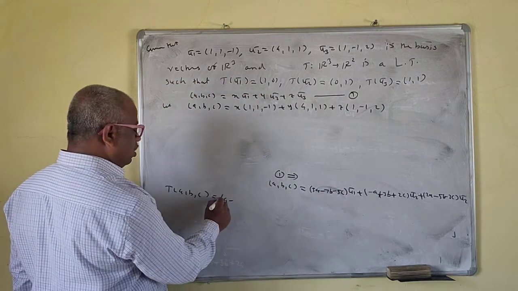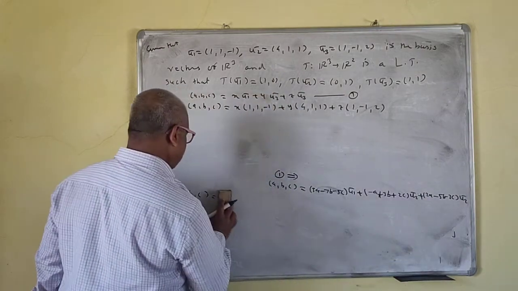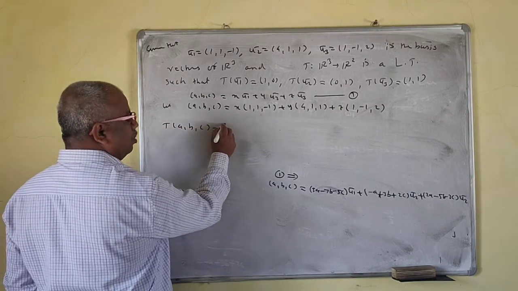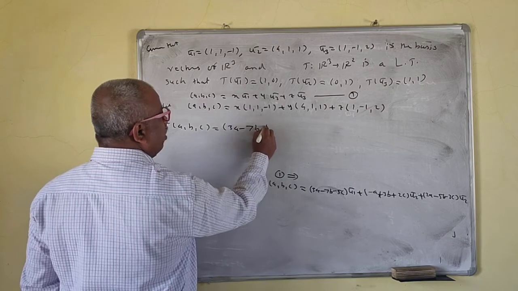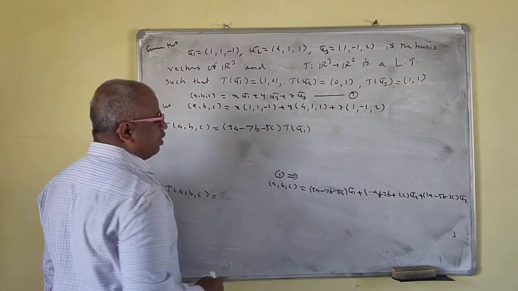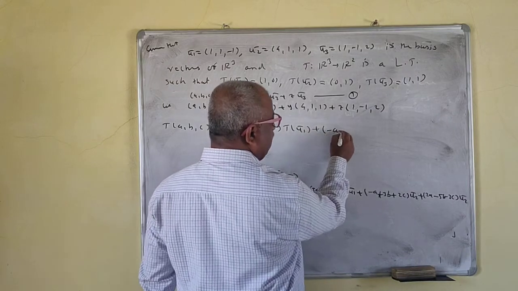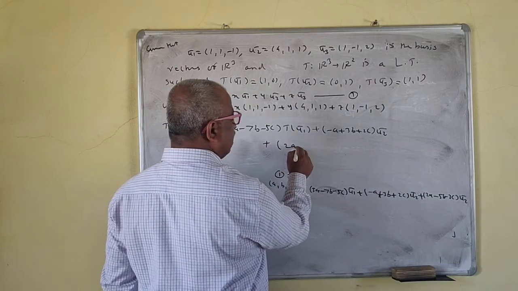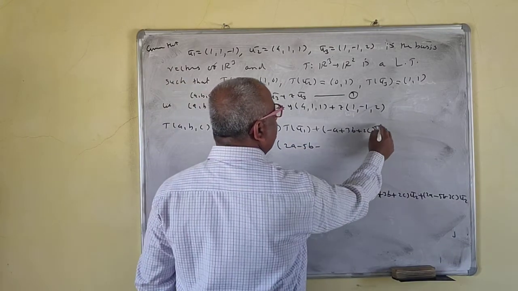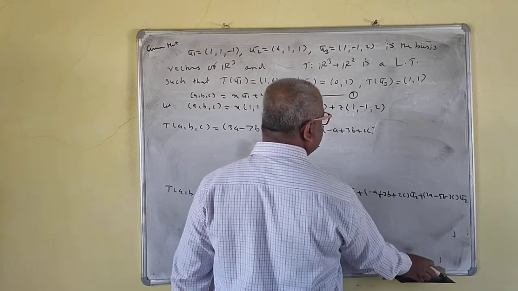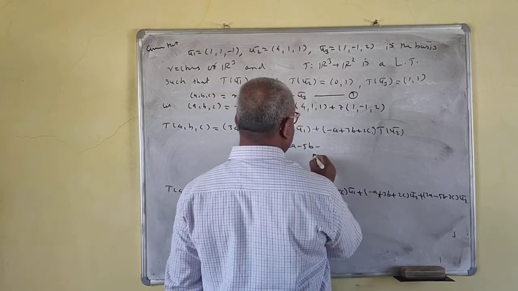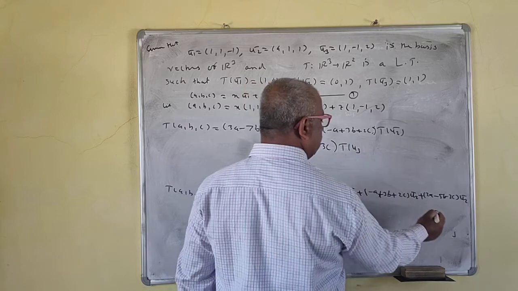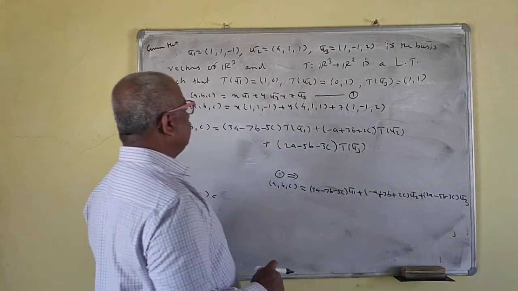So T of (a, b, c) is equal to (3a minus 7b minus 5c) T of u1 bar, directly you can write this, plus (minus a plus 3b plus twice c) T of u2 bar, plus (twice a minus 5b minus 3c) T of u3 bar.